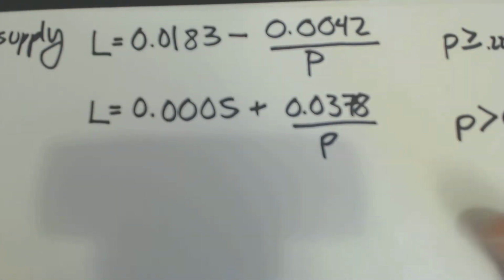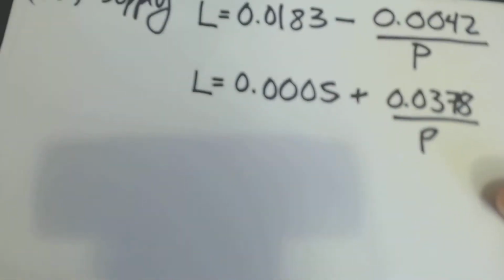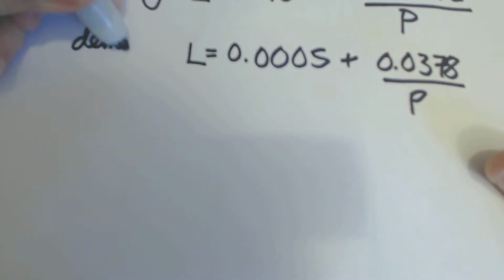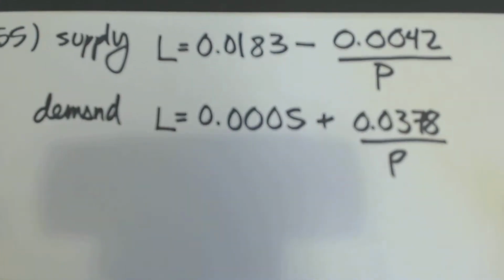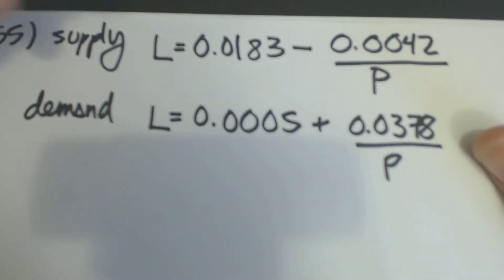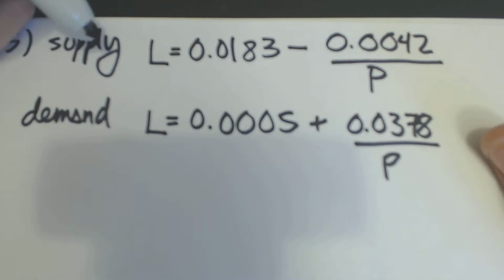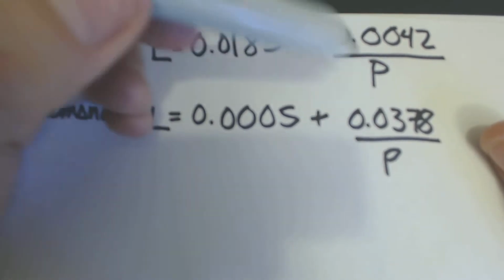So basically what we have here, context aside, is a supply and demand set of equations which represent the basic sort of market model. And one important thing to understand here is that the L represents a quantity, and quantity is a function of price.